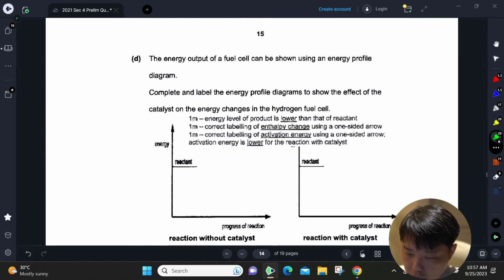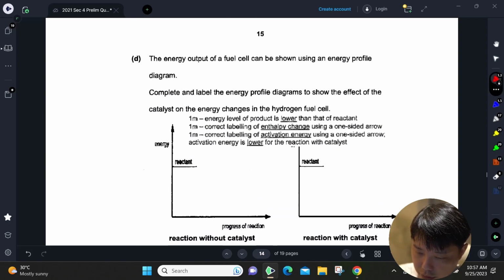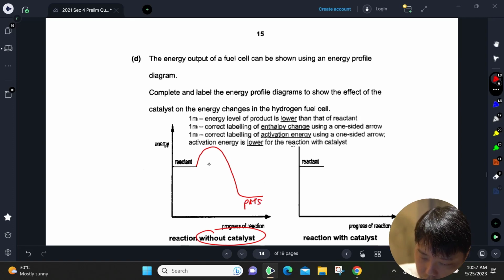Energy output can be shown in the energy profile diagram. Here this is for with or without catalyst. This one is without. So exothermic goes up, comes down, and then you have your products. This here is your EA.